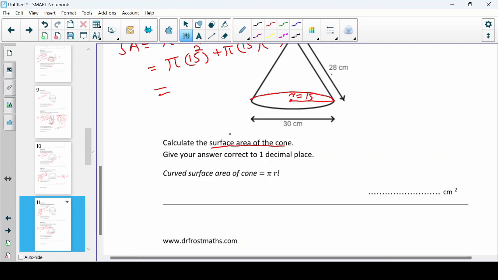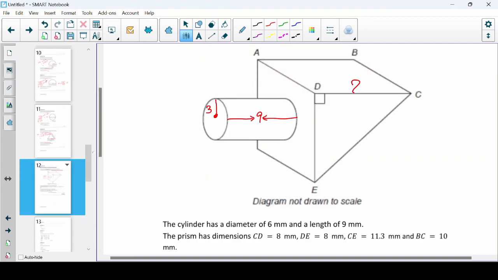CD is 8, DE is 8, CE is 11.3, and BC is 10. All these measurements are in millimeters.